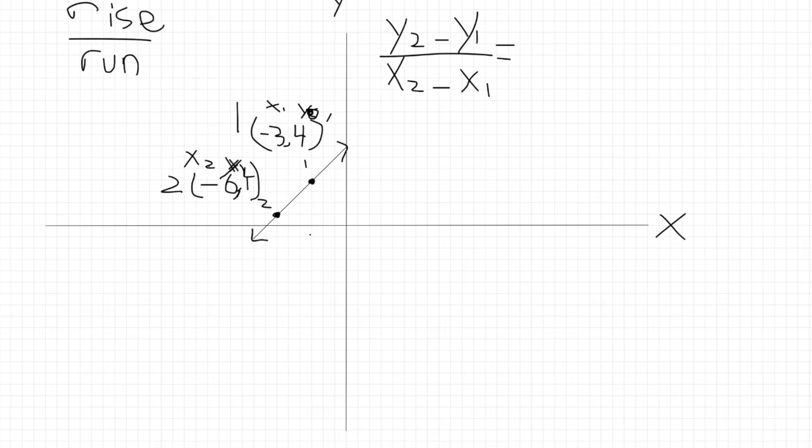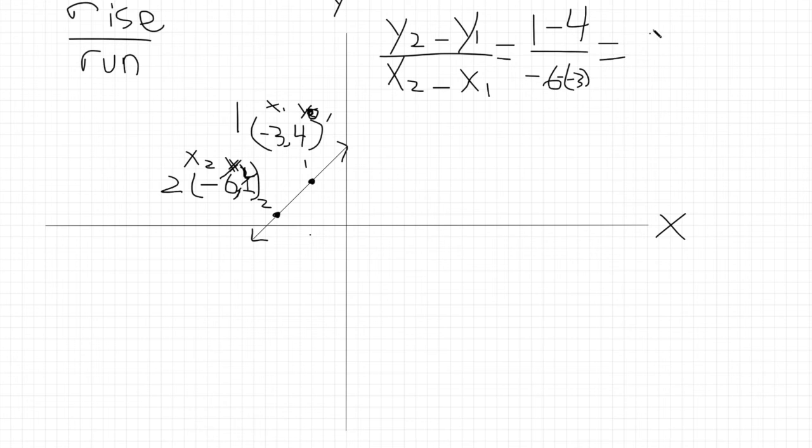Now we're gonna substitute everything. So y2, which is right here, it's really hard to see, my handwriting's horrible. 1 is right here. This y2, which is what we're going to want first, is a 1, and y1 is a 4, so let's do 1 minus 4, and x2 is negative 6, and x1 is negative 3, so we're going to be subtracting negative 3.